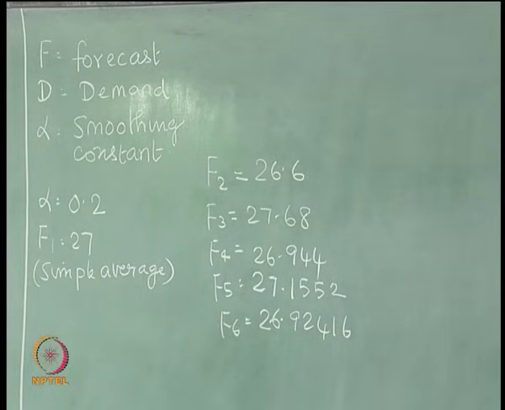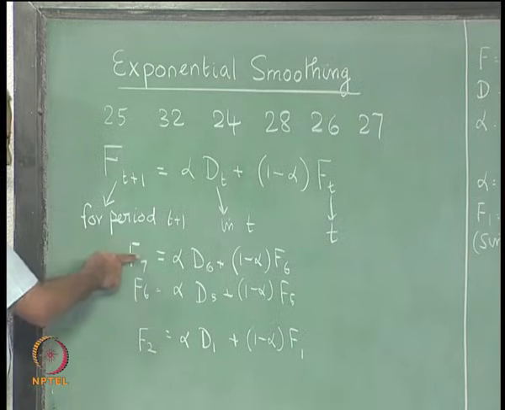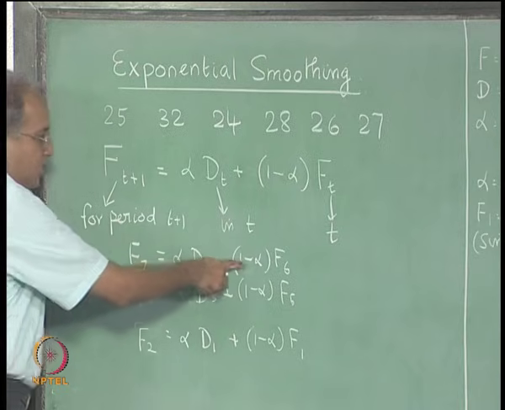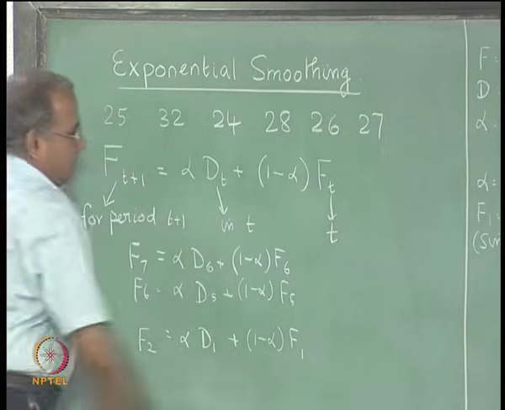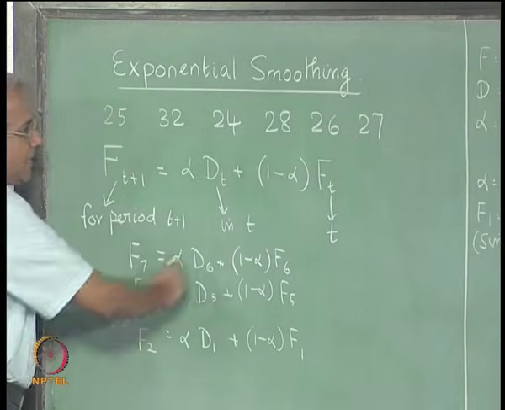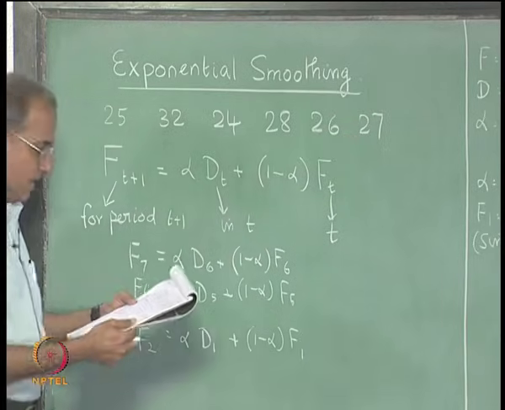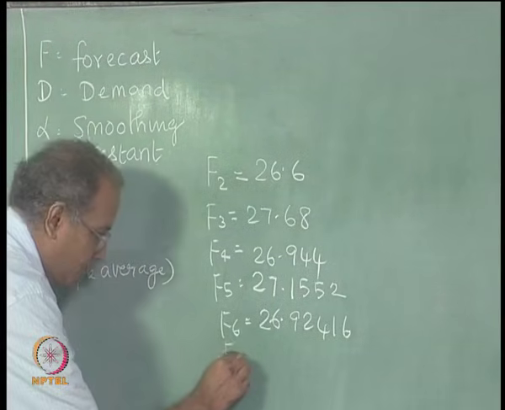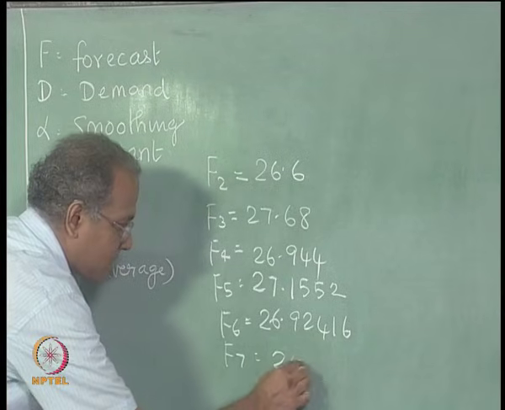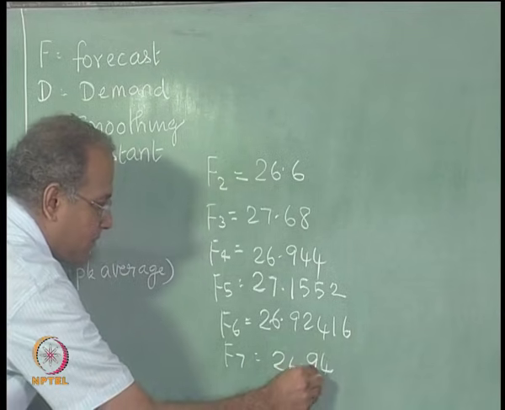And once F6 is calculated, F7 is alpha D6 plus 1 minus alpha F6, 0.2 into 27 plus 0.8 into 26.92416. So F7 will become 26.94.